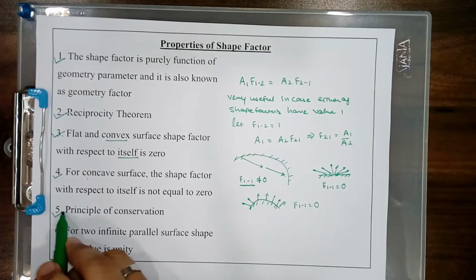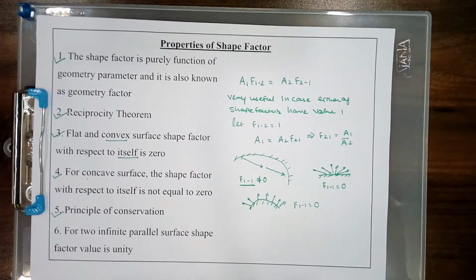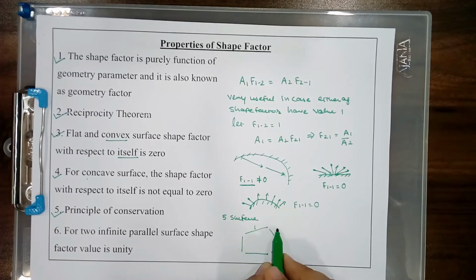Then fifth is very important, the principle of conservation. For understanding this principle, let me take 5 different surfaces which make one enclosure. Suppose like that, it is 1, 2, 3, and so on. These are 5 surfaces, named 1, 2, 3, 4 and 5.